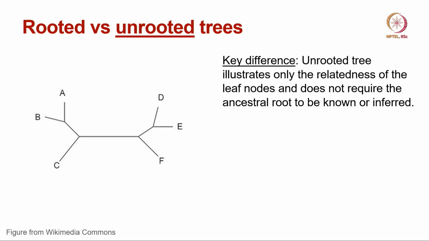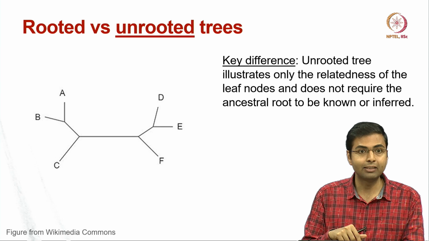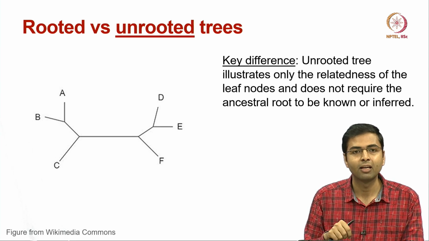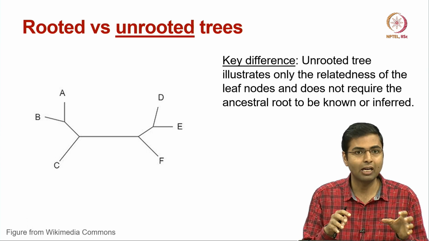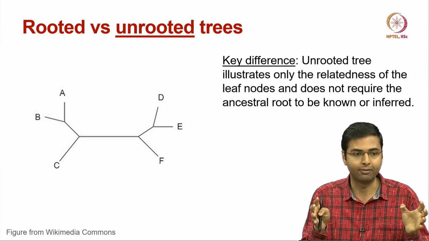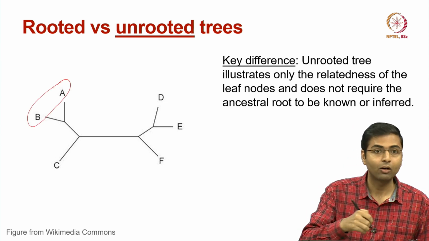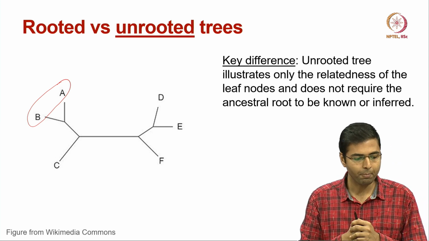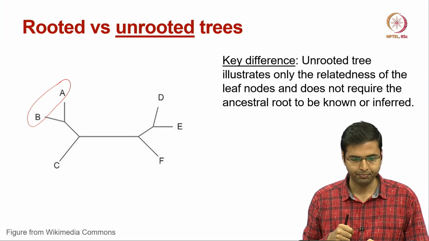That is, we are not making any inference on what is the most recent common ancestor of all these 6 species. It is only illustrating the relatedness of the leaf nodes, that is how they are evolutionarily related to each other. So, for example, you can infer that A and B are closely related compared to A and C.